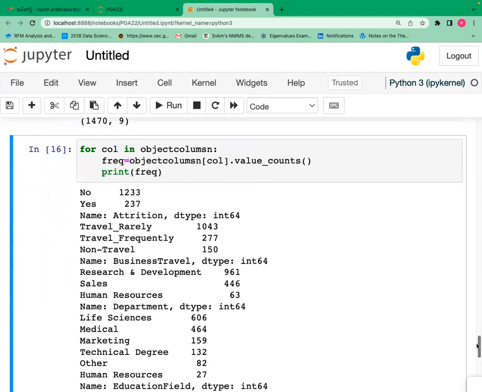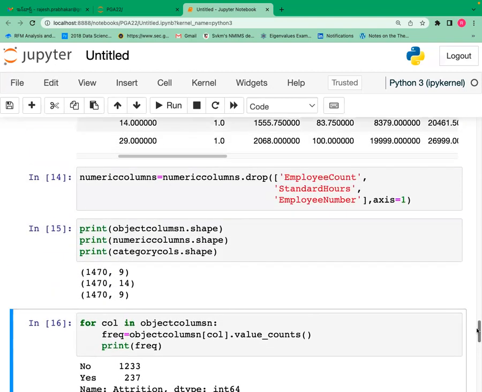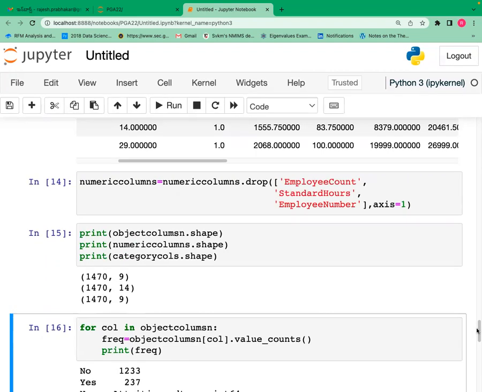So just do the object columns frequency also and check. All of you do this. Over 18 we have to drop.